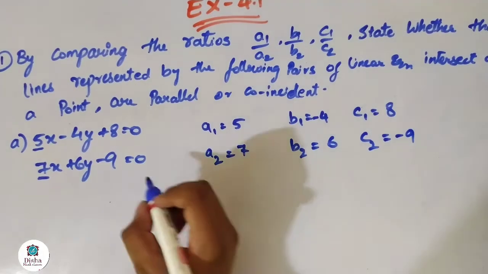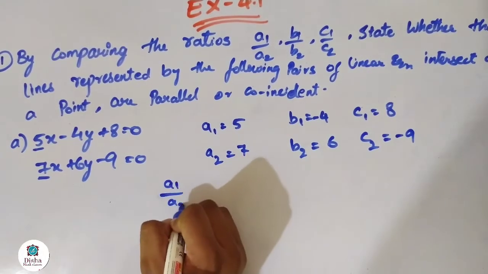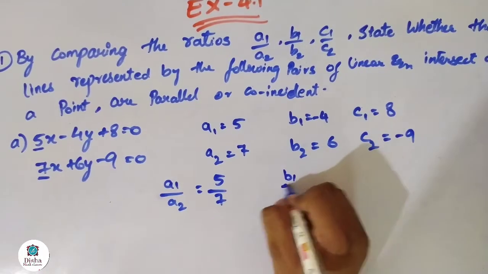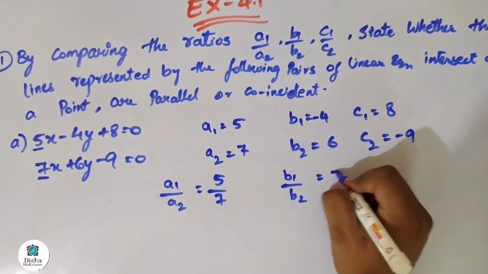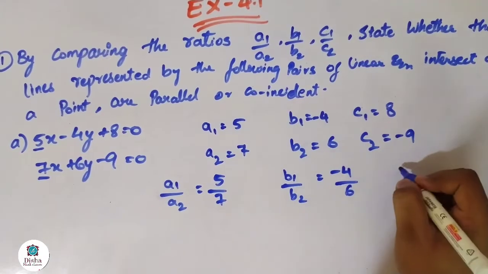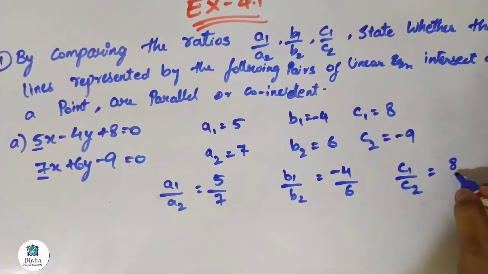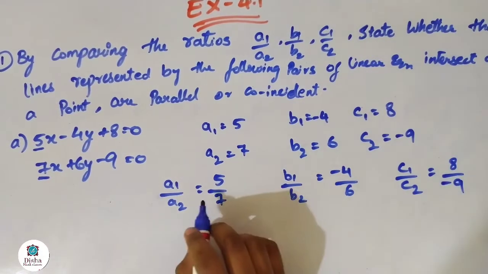Now a1 by a2 will be 5 by 7, b1 by b2 will be minus 4 by 6, c1 by c2 will be 8 by minus 9.